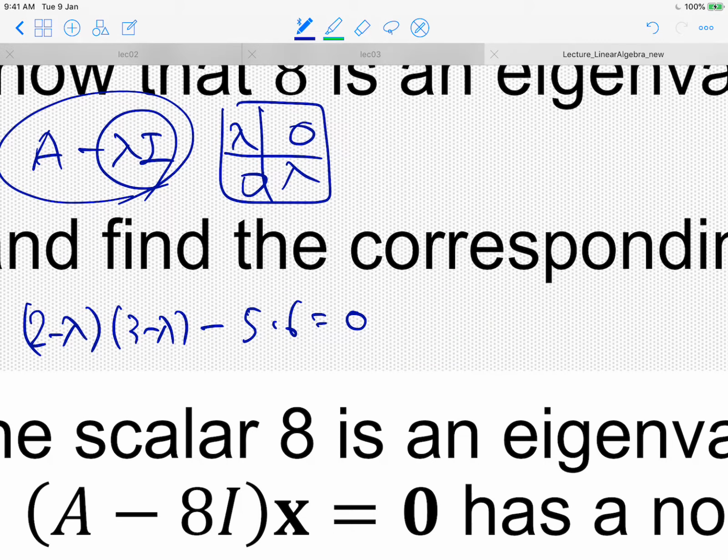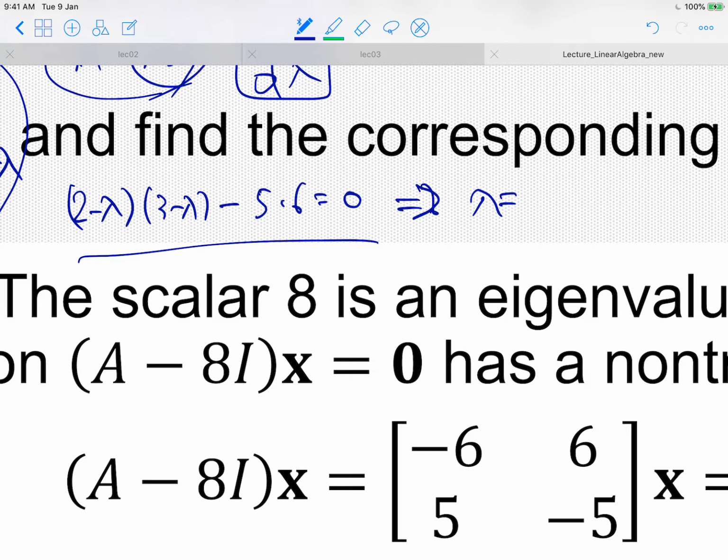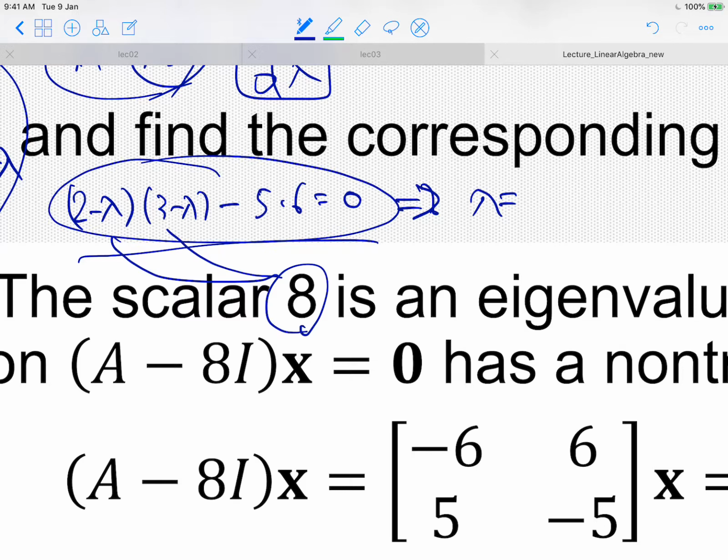The root or the solution for this equation to make the determinant 0, that is our eigenvalue. And suppose one of the solutions is 8. If we plug in 8 in the place of lambda, we can see that it's 0. We basically have to solve this polynomial equation. It's a second order polynomial equation, so it is easy to find the solution, right?